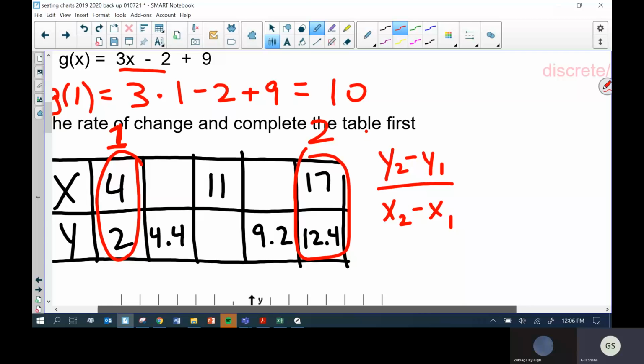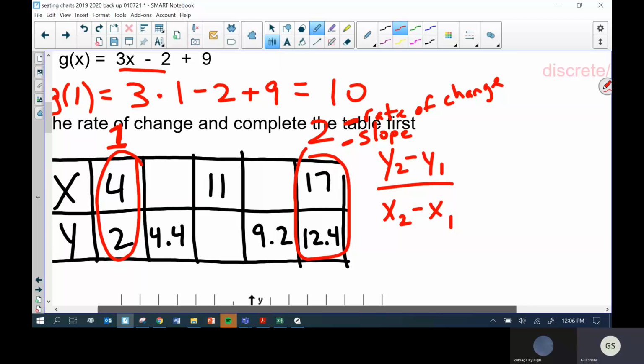So this is the slope, or you could also call it rate of change. That formula is for slope or rate of change. They're the same exact thing. And this is always the formula. That formula never changes for slope or rate of change.